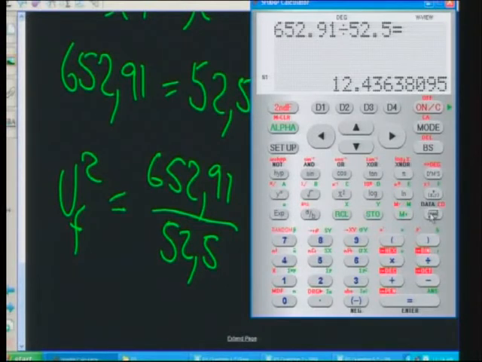If we round it off to 2 decimal places, that becomes 44. But we want to get the square root. Remember, don't forget the square root. So we're going to square root that answer, and we should get the correct answer in a minute.